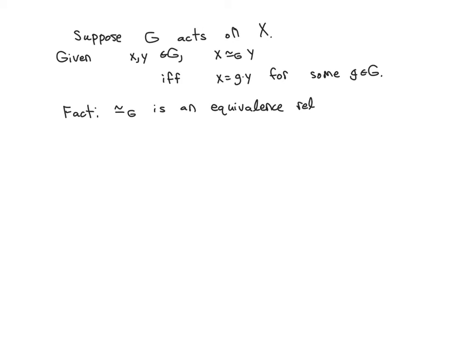Due to the history with group actions with cyclic groups, the equivalence classes are called orbits. So that's the fact. They're called orbits.